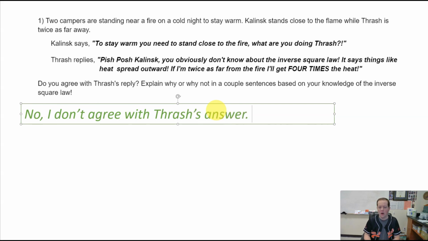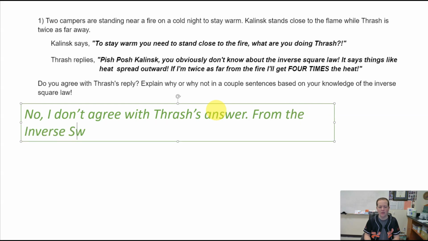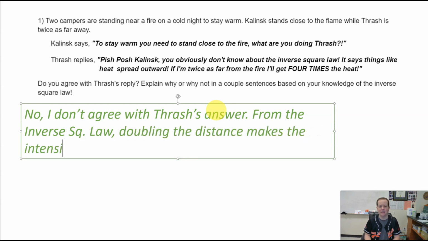Okay, why? According to the inverse square law, I'm going to maybe shorten a little. Well, doubling the distance makes the intensity 4 times less. Or you could have written down 1/4 as much. It's the same thing. Okay?